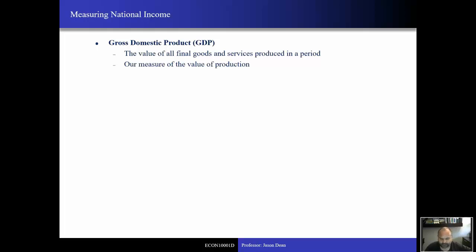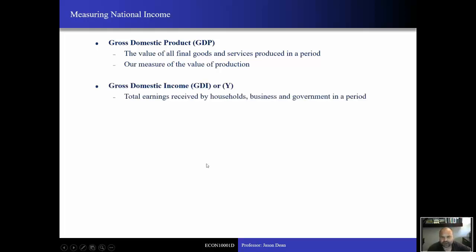You can think of maybe an Excel spreadsheet, where in the first column you have a list of all the goods and services produced in the economy for a particular time period. In the next column you could have their prices, and in the next column their quantities. Then if you multiply all the prices and quantities and sum up that entire column, you would get the gross domestic product.